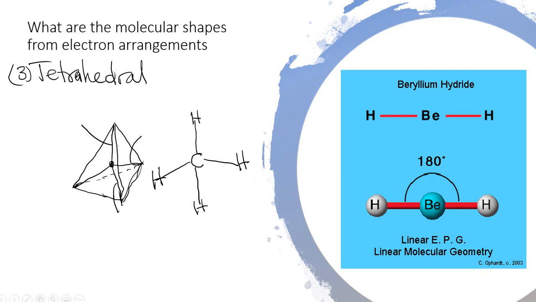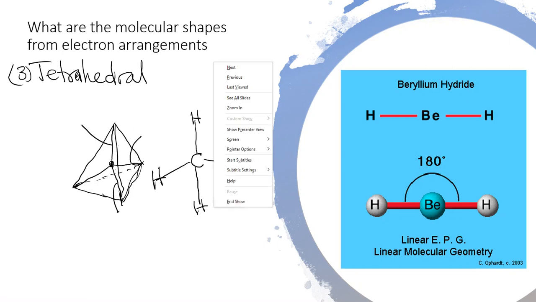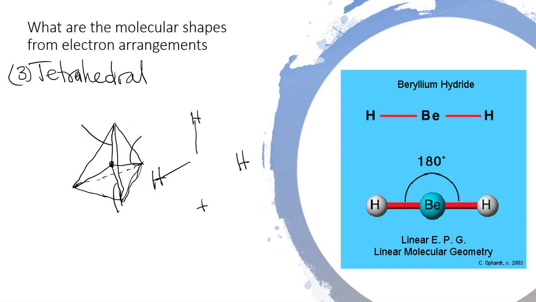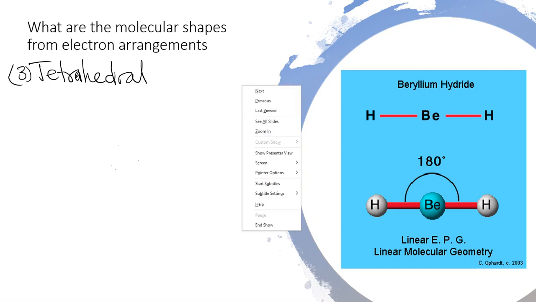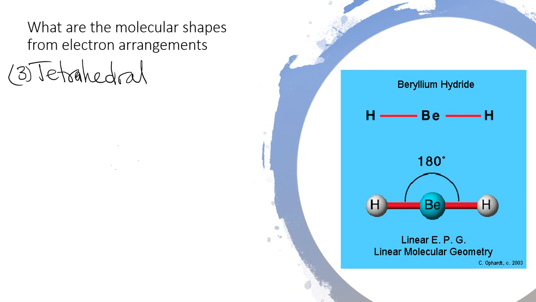So when do you have a tetrahedron? You have a tetrahedron when the central atom is surrounded by four groups of electrons. That is when you have a tetrahedral.